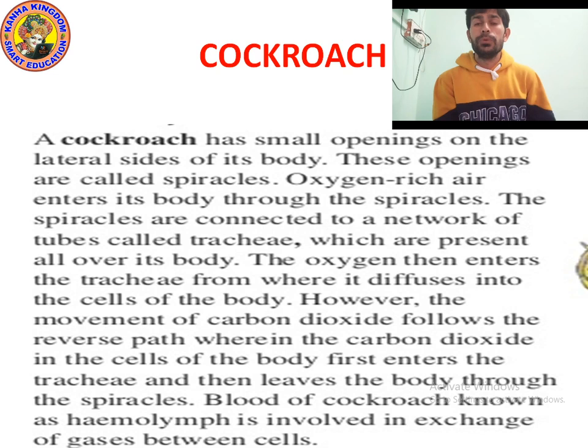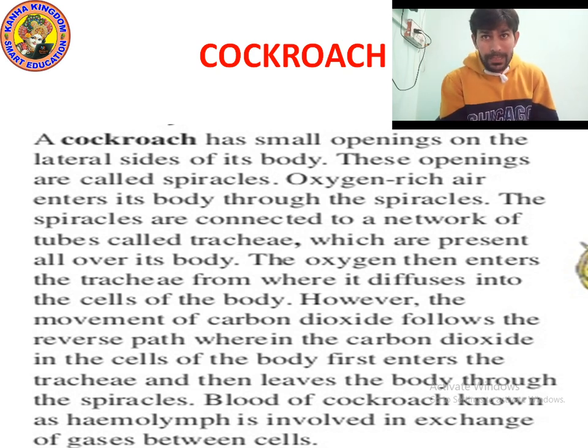I hope you understood that a cockroach has small openings on the lateral side of the body. These openings are called spiracles. Oxygen rich air enters its body through the spiracles. The spiracles are connected to the network of tubes called tracheae, which are present all over its body.